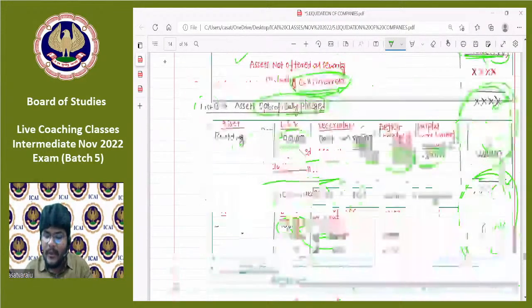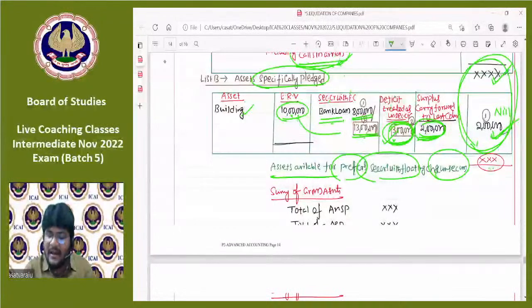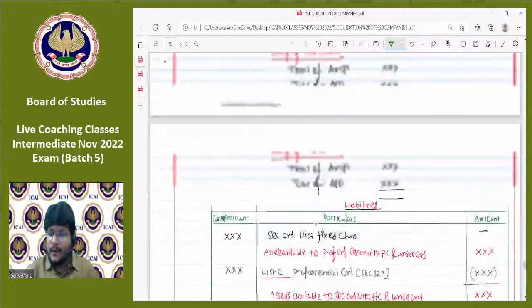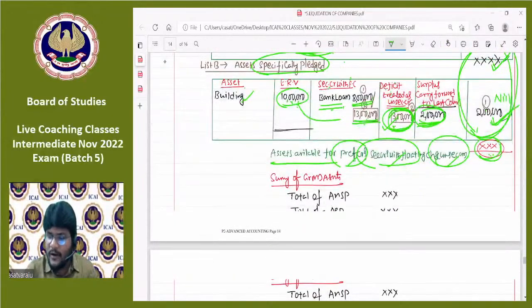That's why I'm telling you that these assets are available for preferential creditors, secured creditors with floating charge, and unsecured creditors. Do you understand, all of you? Fine. Sir, these are all assets, we understand.